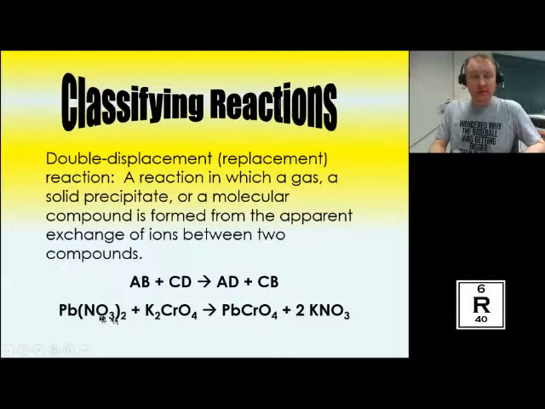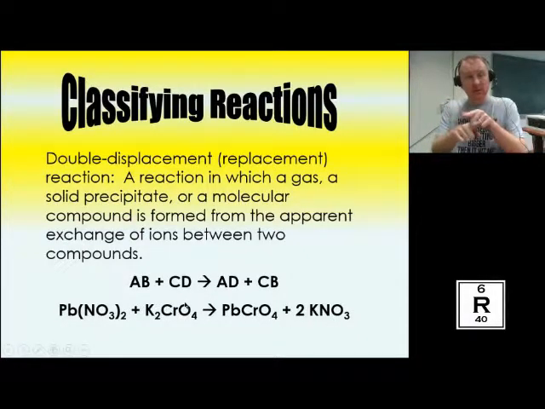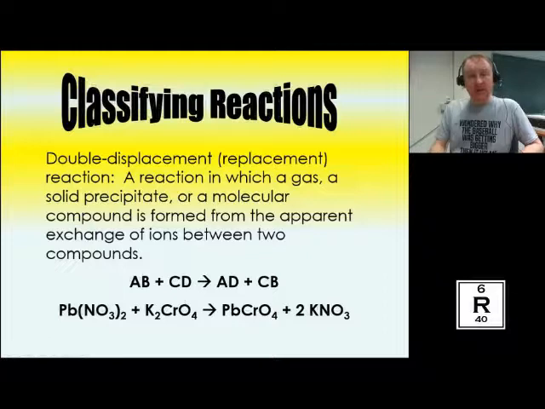These are both soluble solutions, and when you get this, you get a precipitate of lead chromate, and potassium nitrate would be in solution. So this would be a solid here. But the point being is the lead was with the nitrate, and now the lead's with the chromate. The potassium was with the chromate, and now the potassium's with the nitrate. So identifying compounds that are switching the cations with the anions, that would be an example of a double displacement reaction.